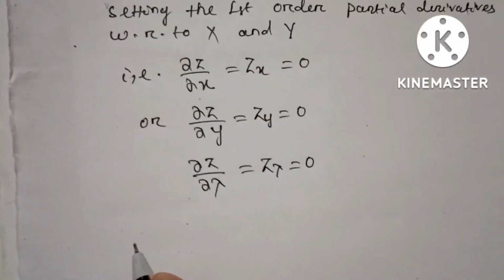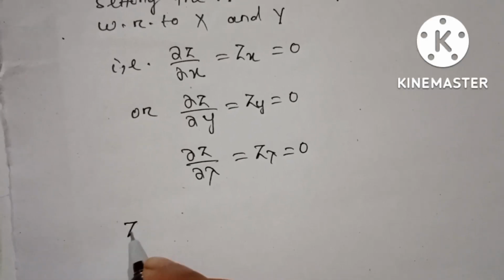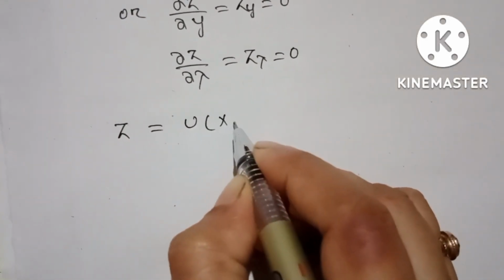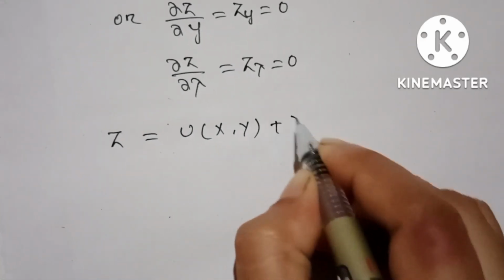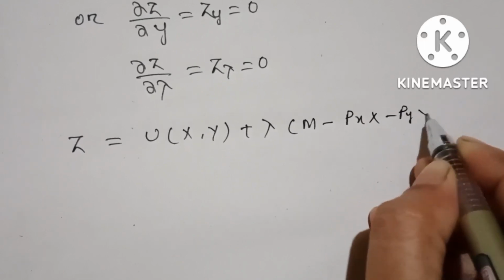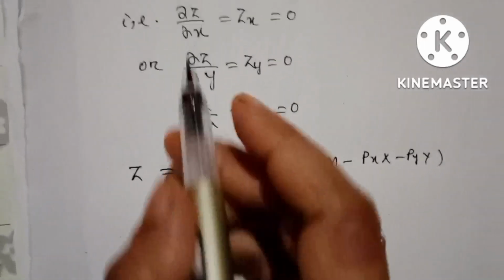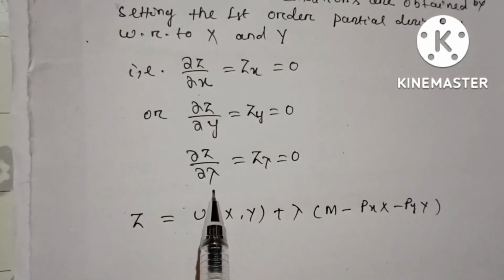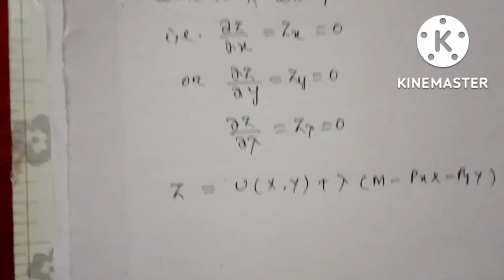As we know, our composite function Z equals U of x y plus lambda into M minus Px x minus Py y. So now set the partial derivatives with respect to x, with respect to y, and with respect to lambda equal to 0.